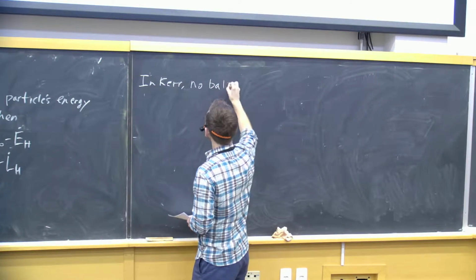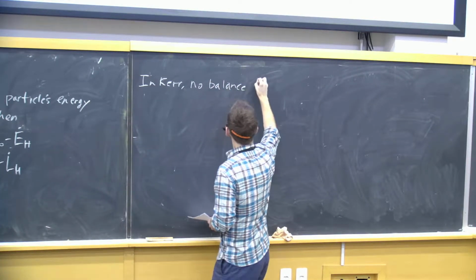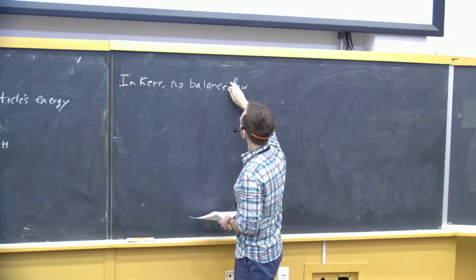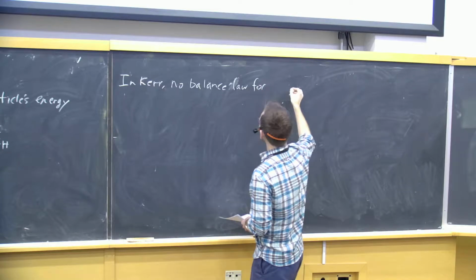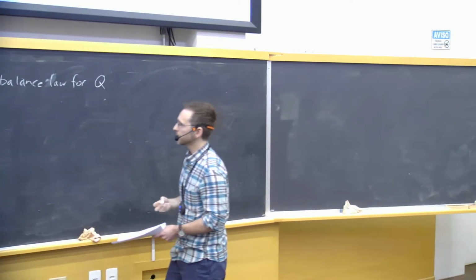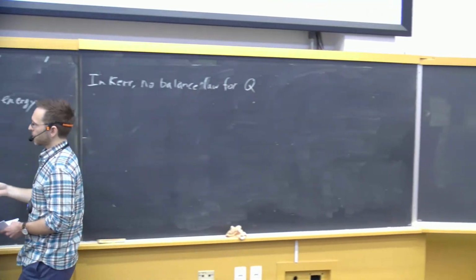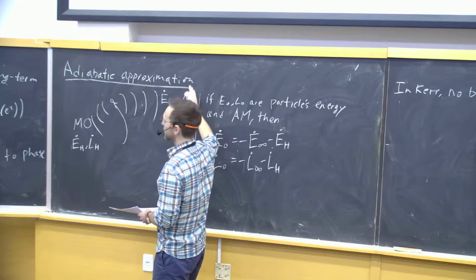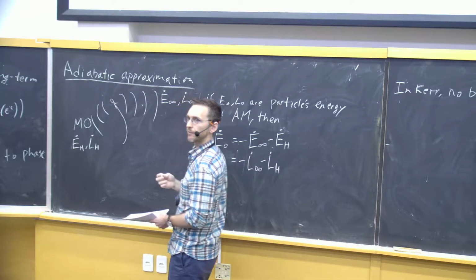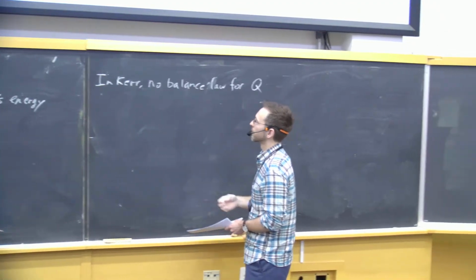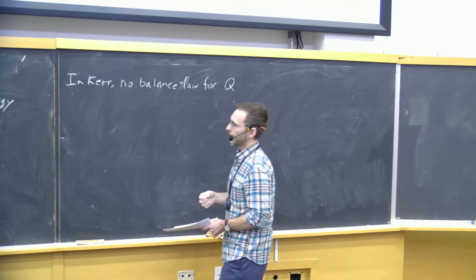Or in particular, there's no balance law for the Carter constant, Q or C. So there's no notion of the flux of Carter constant in gravitational waves. So this simple kind of picture doesn't work for evolution in Kerr.